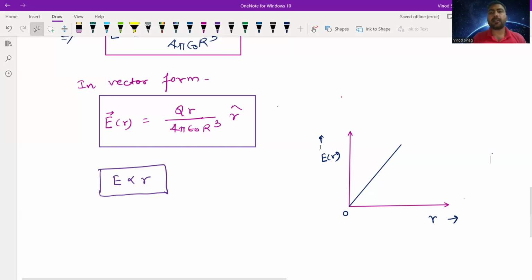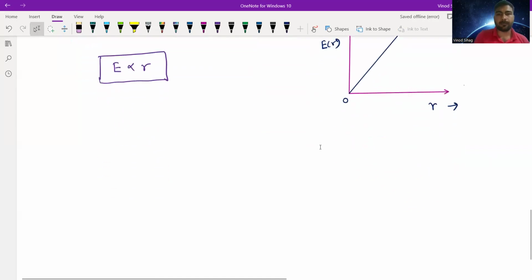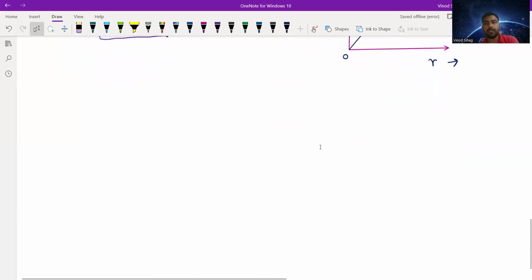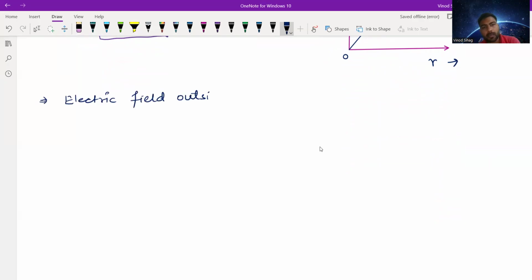Now, if we merge the graph for all the cases, then we can draw a graph. We got in the last lecture the electric field outside. What is the electric field outside the solid sphere? It is E equals Q upon 4 pi epsilon naught r square.